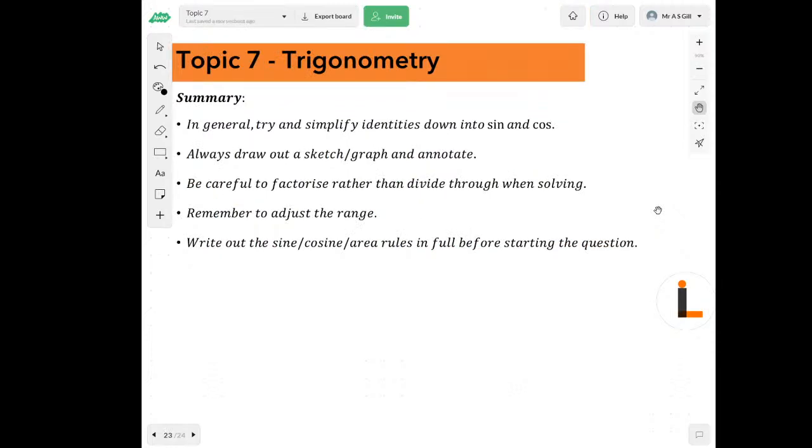So just a quick summary of what we looked at today. Some key points and things to look out for when solving trigonometric equations, when proving identities and manipulating identities.